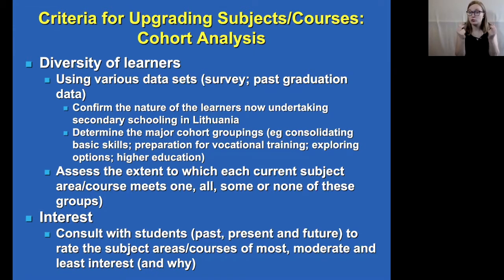And the current group, if they had a choice of additional electives, what would they choose? Get them to rate them as most, moderate and least interesting, and why. This can help you determine, if you were going to set some new electives, what they would be, and you'd be fairly confident that students would actually select them.